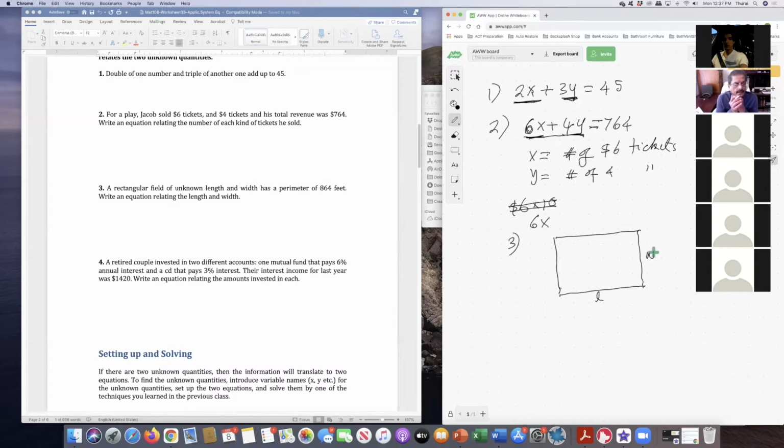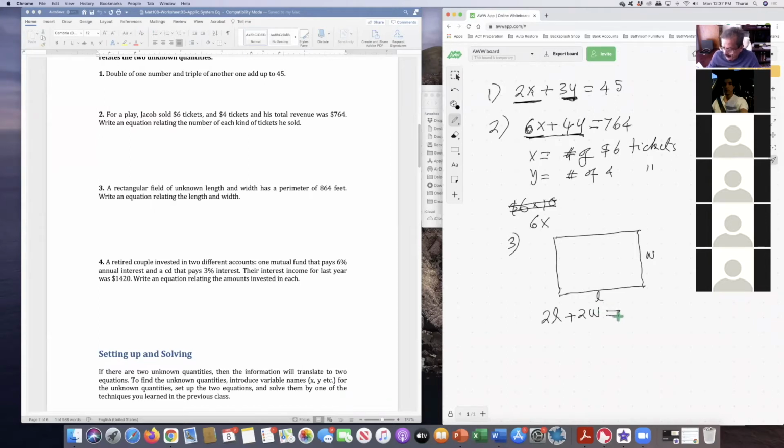And it says the perimeter is 864. Perimeter is the total measure around the rectangle. So what would be the equation that relates length and width to the perimeter? Anybody? 2x plus 2y equals 864. Right, very good. 2 students answered it at the same time. You're right.